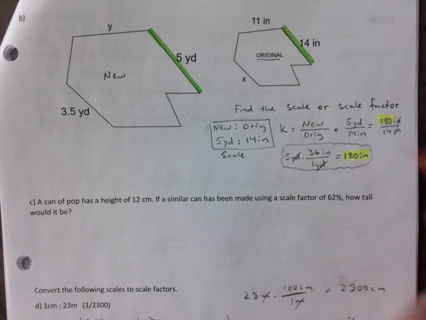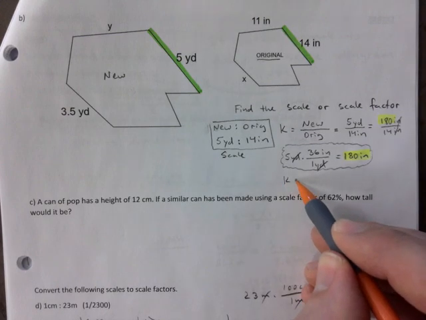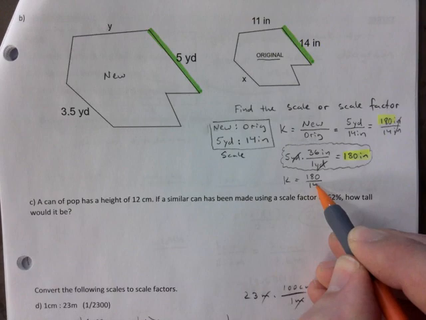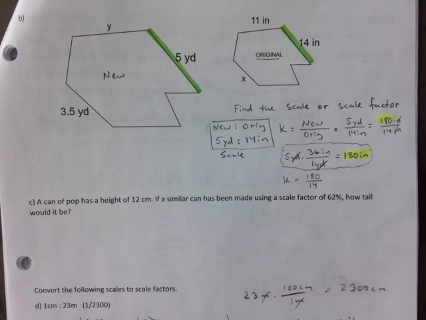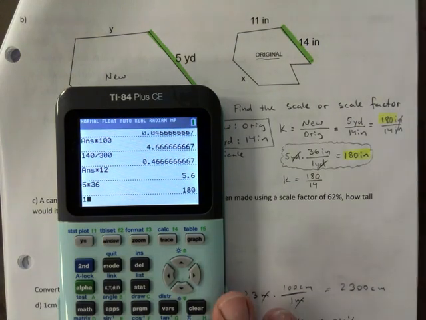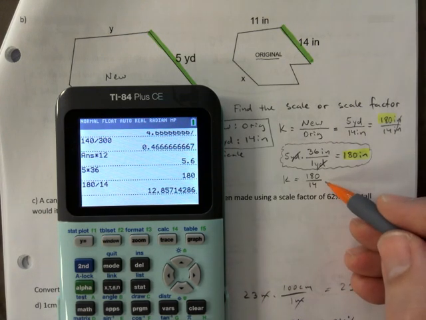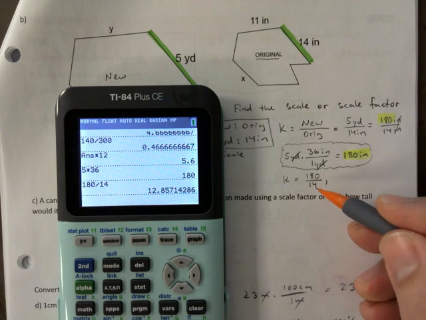Everything goes on the cloud these days, right? So K is really 180 over 14. I showed you the trick to simplify fractions on the calculator if you'd like. But you can also just go 180 divided by 14, and it's not quite a whole number. So I just leave it like that as a fraction.